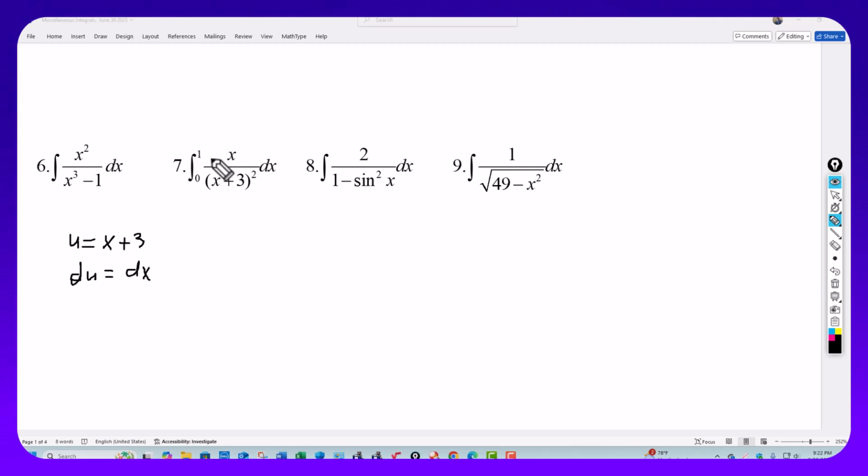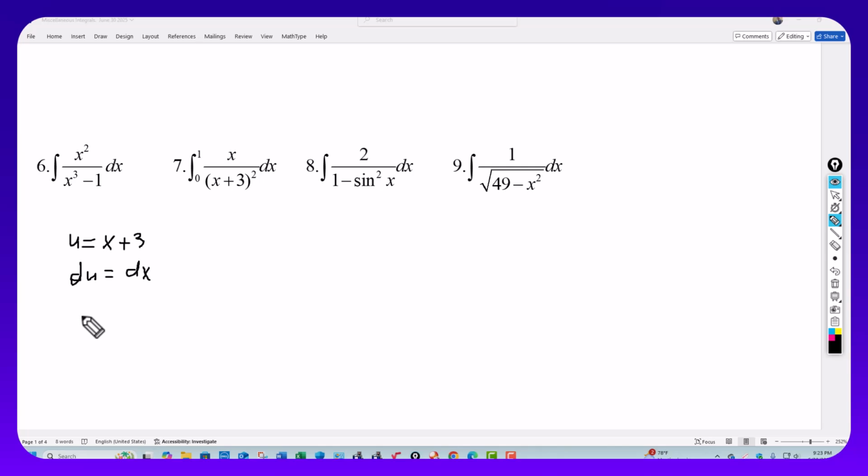So now we're going to transform the integral in terms of u. Now if you leave it in terms of x like I did in the other one, that was a definite integral. You don't have to mess with the limits of integration. But here I'm going to leave it in terms of u, so I have to change the limits. Here the lower limit is 0, and the upper limit is 1.